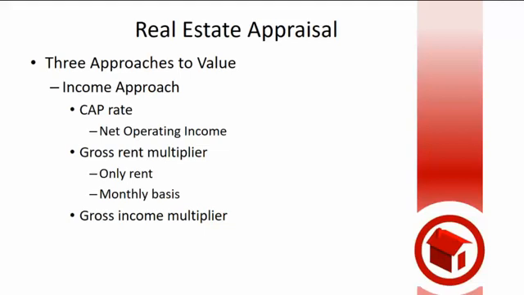From the gross operating income, I want expenses subtracted. Name an expense. Referral fees, paying somebody for a referral for an apartment. Utilities. Doesn't the tenant normally pay for utilities?